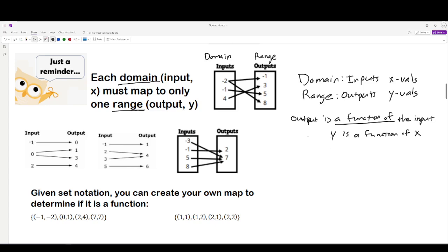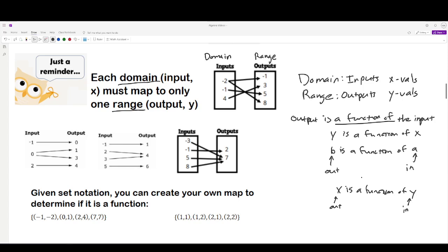So if you ever see different letters, so if you have like, I don't know, the input is called A and the output is called B, it would say B is a function of A, and that would tell you that B is the output and A is the input based on how this statement is written. So it would be really weird and probably a typo, but if it said x is a function of y, then in that case, x would be the output and y would be the input, which is kind of strange.